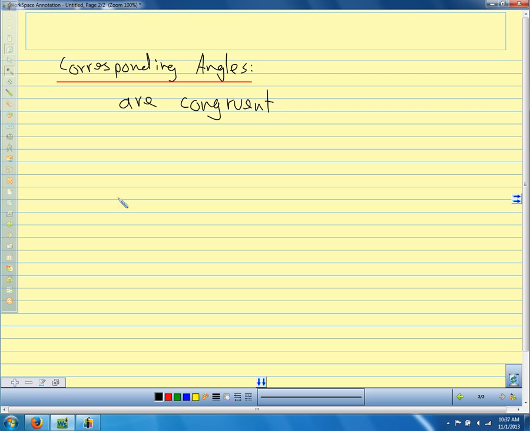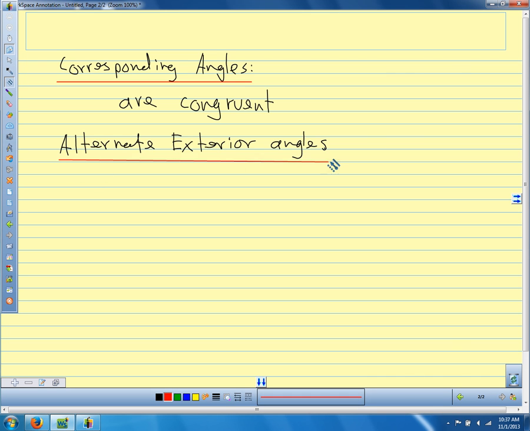Then we'll use this to figure some things out about parallel lines, about different shapes. Now to the top right, alternate exterior. From what we said about alternate interior angles, what would you guess about alternate exterior angles?